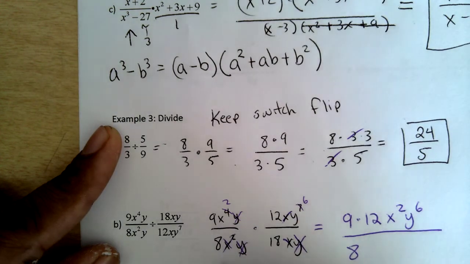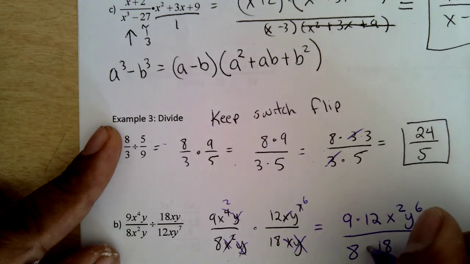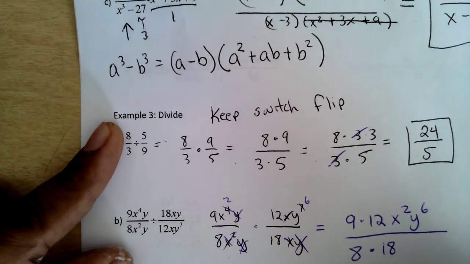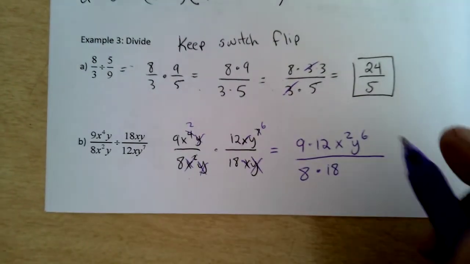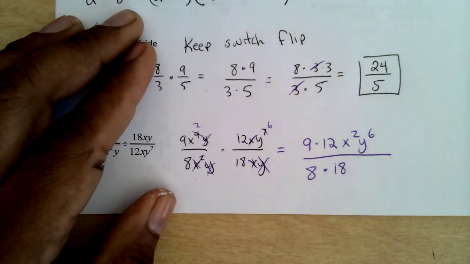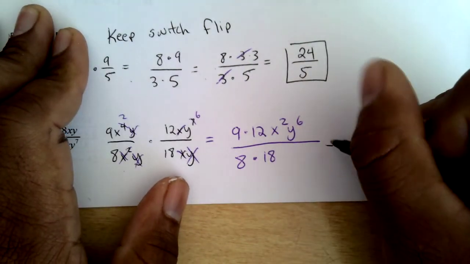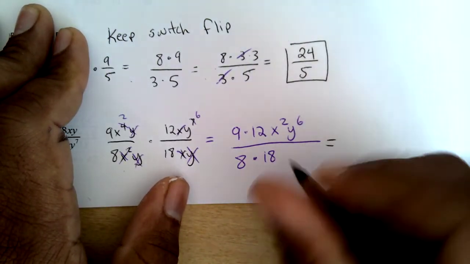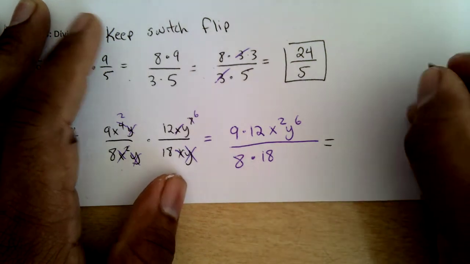I got an 8. Cancel it out, cancel it out. All right, now we're just left with some other numbers. Depending on the method you like to use, you could go straight from here and look at common factors. You could even factor this 18 into 9 and 2, and factor this 8 into 4 and 2. Why would I do that?